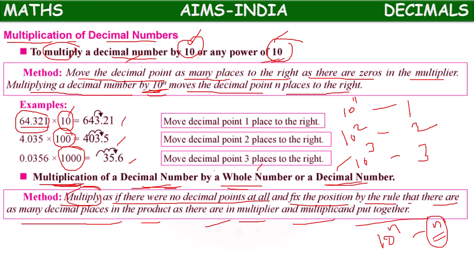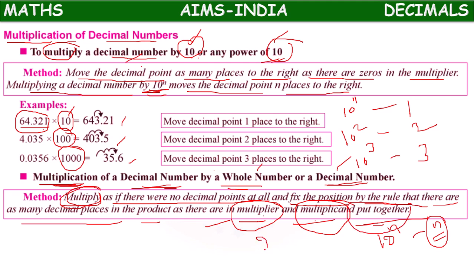So after normal multiplication without decimal point, in the multiplier, how many decimal places are there? In the multiplicand, how many decimal places are there? That two we have to add and we have to keep put together for the result.